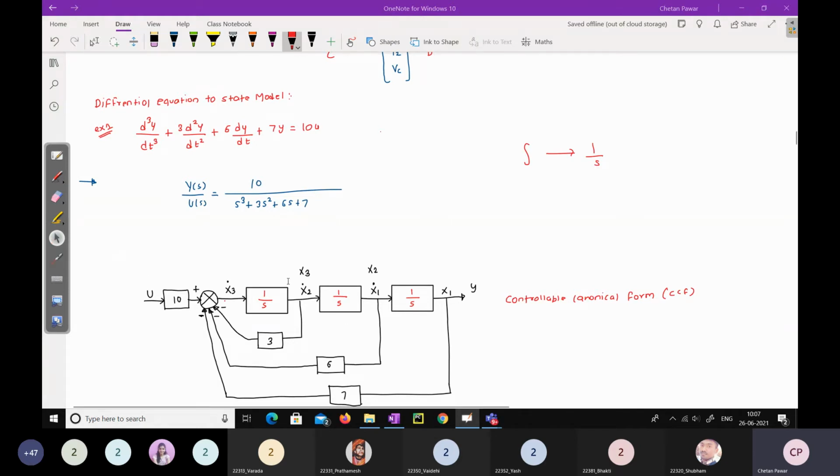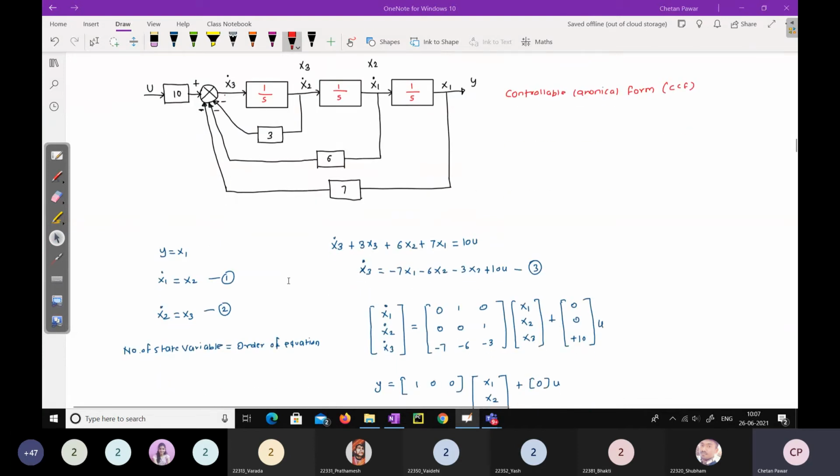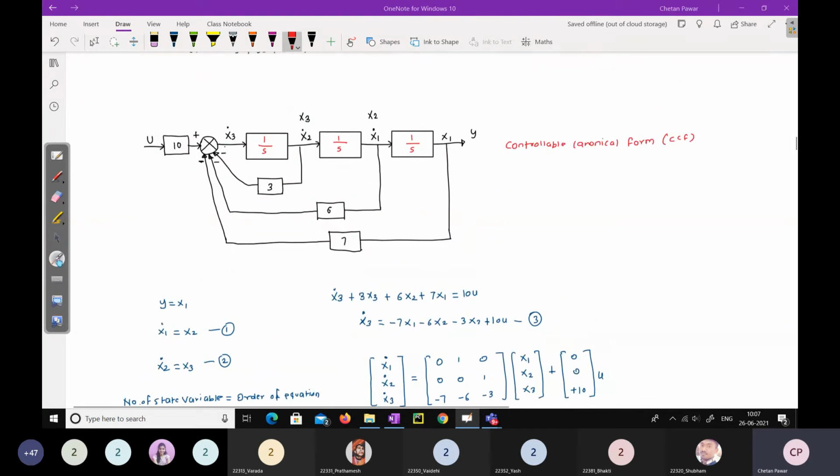After you find the block diagram, you can represent that in terms of equations. If you see this block diagram, y is equal to x1. So y is the output, and y is equal to x1. This is our output equation.